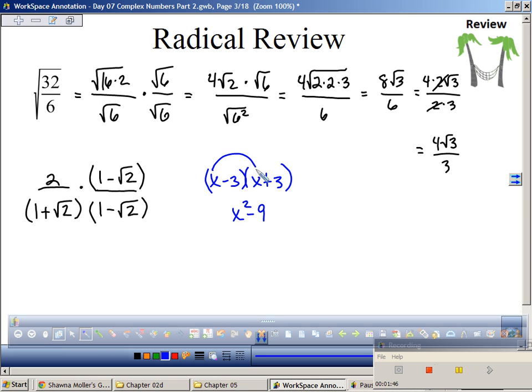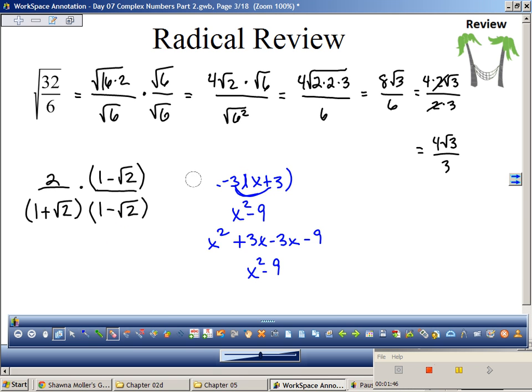The reason it's the difference of 2 squares is because if I FOIL it, my center numbers cancel each other out. Remember that? This is the same idea. So watch.